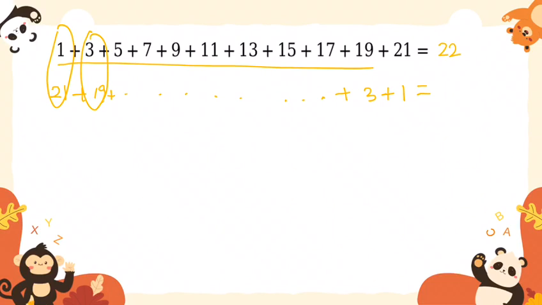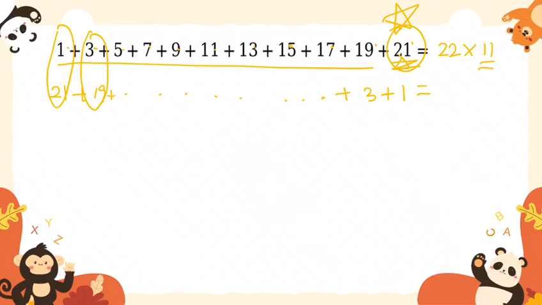Okay, it's 22. But here we have 1, 2, 3, 4, 5, 6, 7, 8, 9, 10, 11. Everybody, listen carefully. We have 11 terms, not 21 terms. Even though the last number is 21, it doesn't mean the number of terms is 21, okay? You need to count one by one.